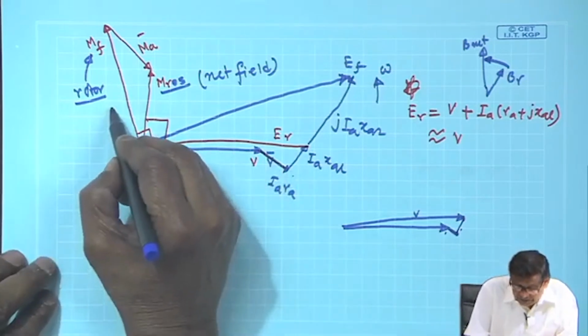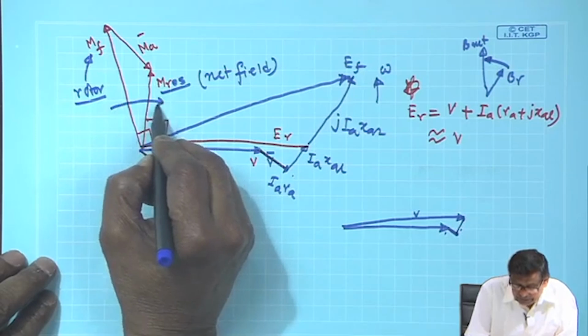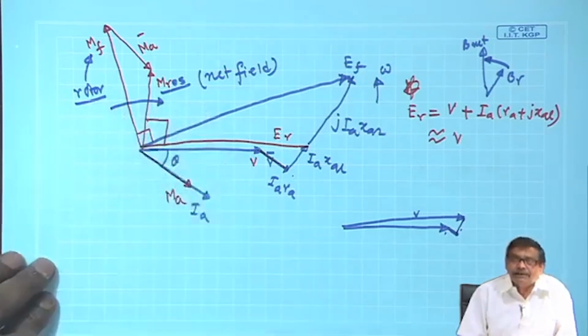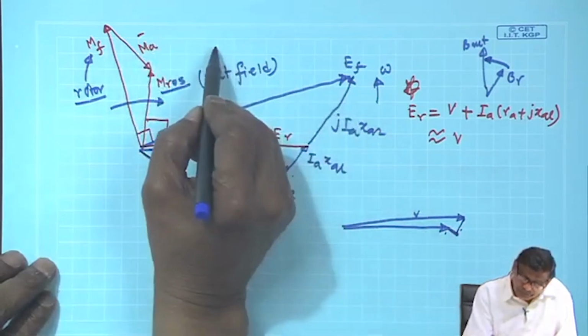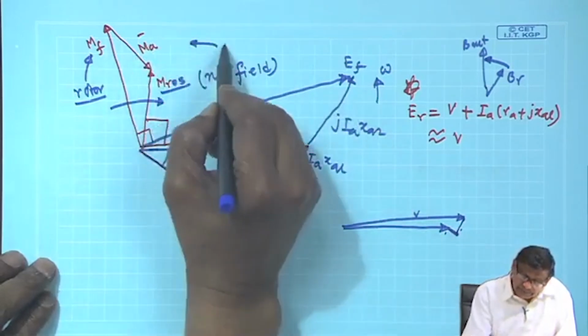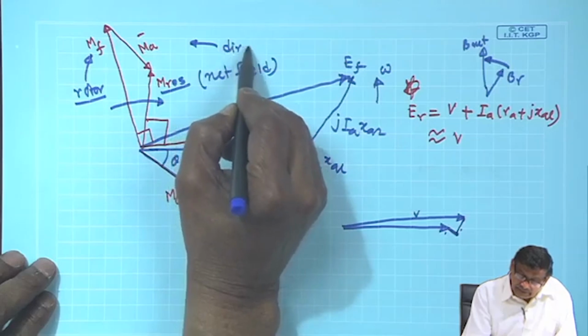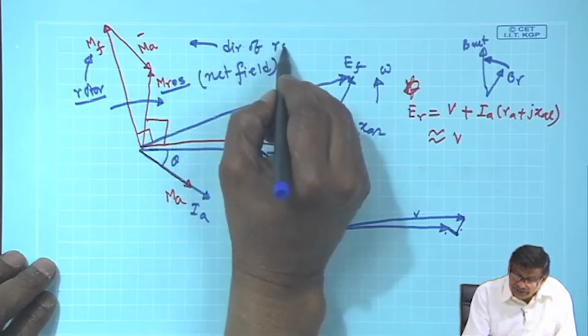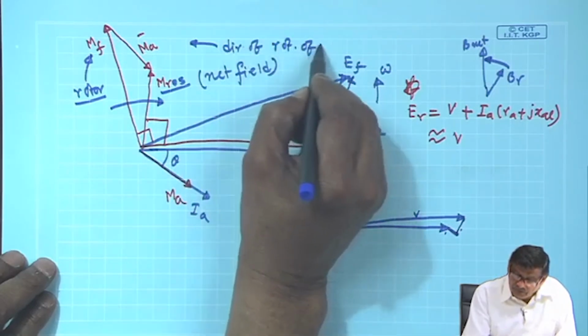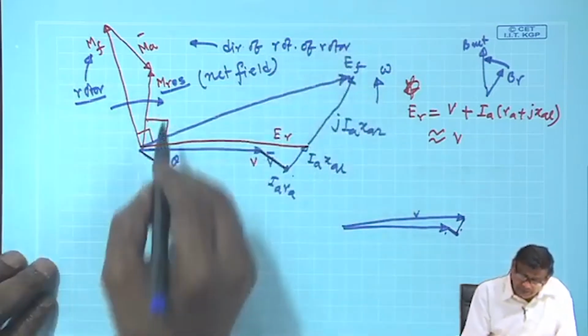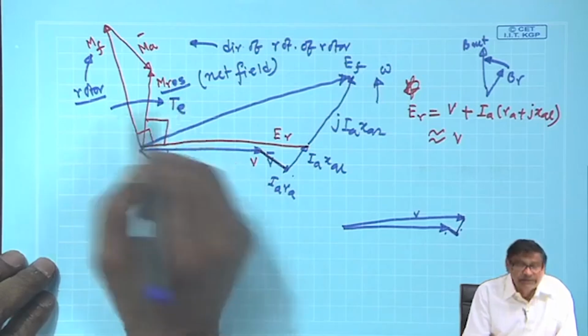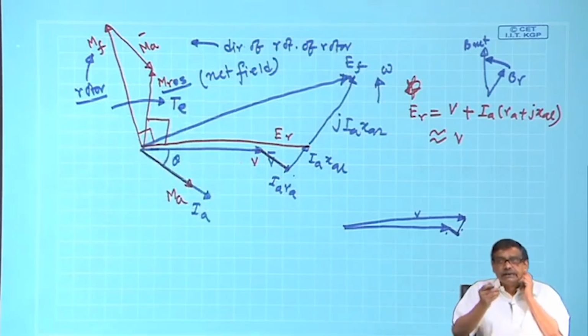MF always tries to catch up with the resultant field in that direction, and therefore, direction of rotation of rotor is in this direction, but direction of electromagnetic torque will be in the opposite direction. That is what in generator happens.